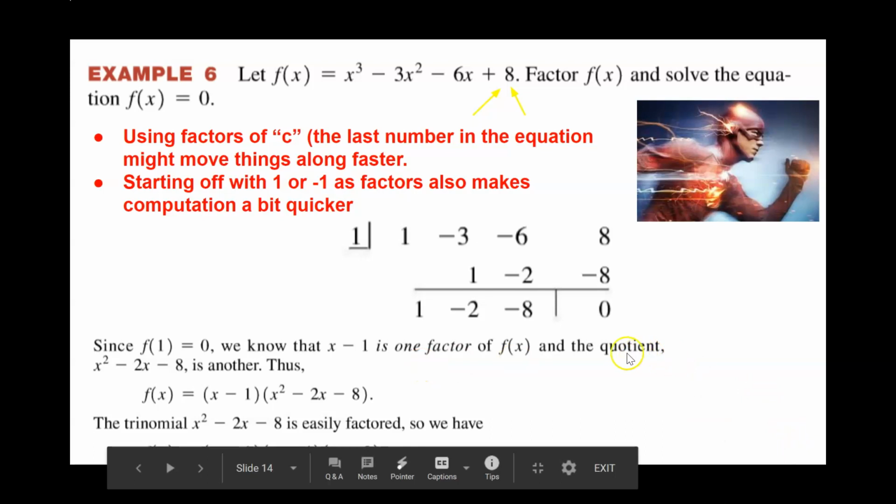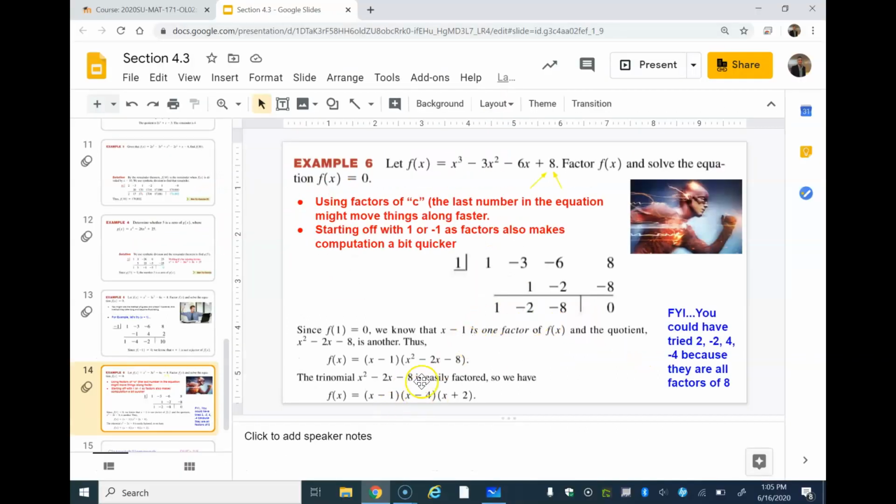The last part we can do for this problem is we can just factor to find the last remaining factors for x squared minus 2x minus 8. Let me see if I can show you that real quick here. So here it factors to be x minus 4 and x plus 2. So you could have tried first x minus 2 and x plus 2, or x minus 4 or x plus 4, because they're all factors of this 8.